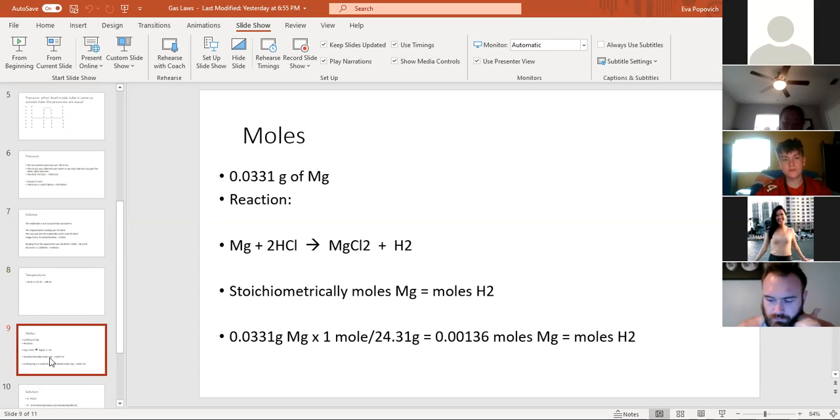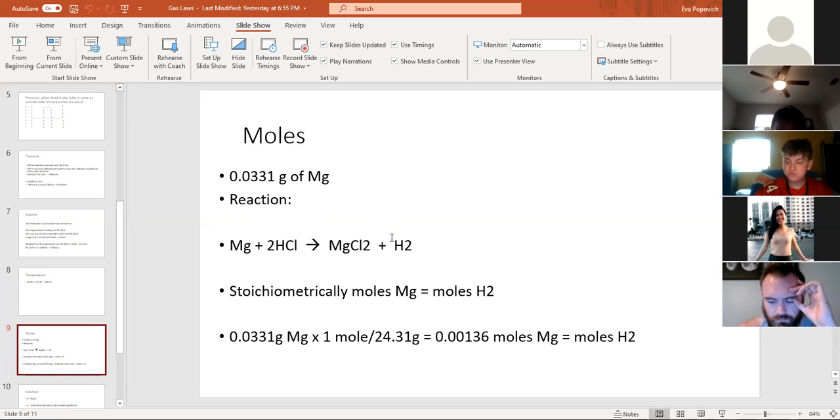Now, I have to figure out the moles of hydrogen. In order to figure out the moles of hydrogen, I need to give you one more piece of information, and that is we've added more HCl than we needed, so my magnesium is my limiting reagent. The formula for magnesium being converted to H2 is Mg plus 2HCl yields MgCl2 plus H2.